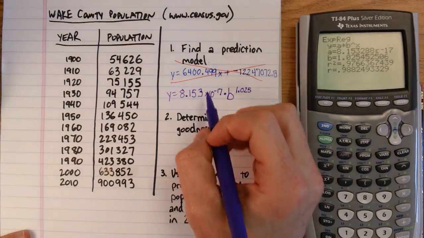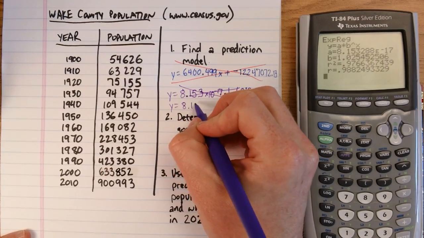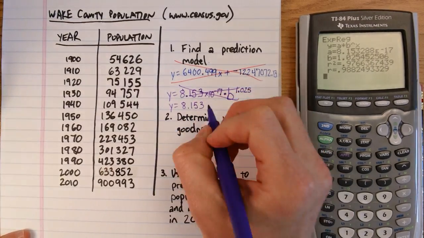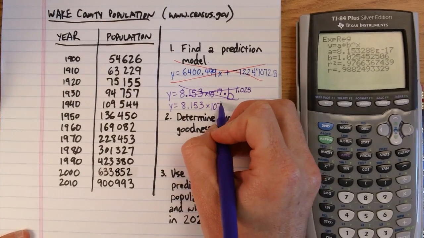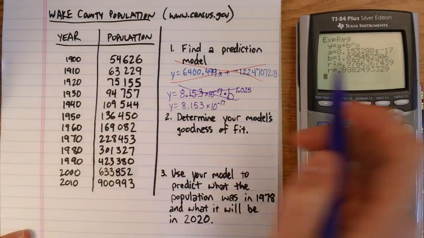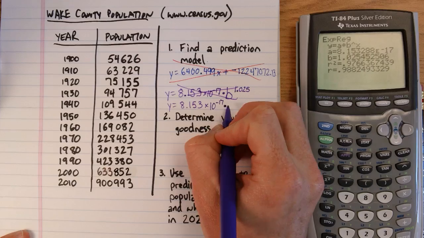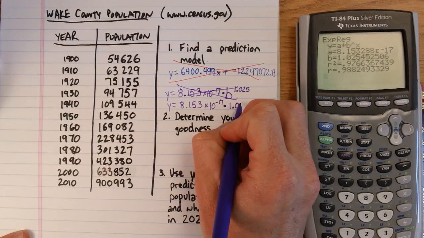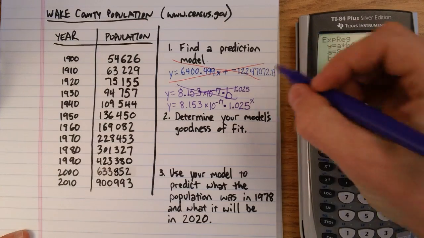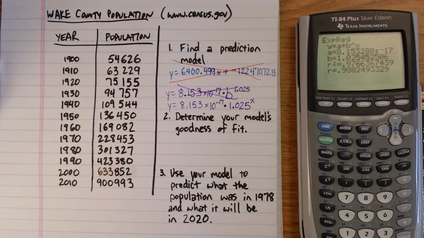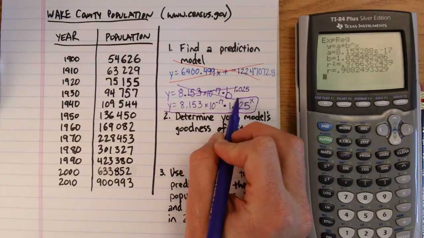Let's try that again. We've got to have our variable in there somewhere. So we've got this as our coefficient, and then the b is actually our 1.025, and that is raised to the x power. Okay, so that's what we're looking at there. That's our latest prediction model.